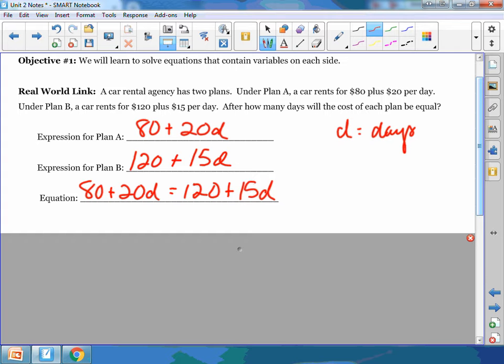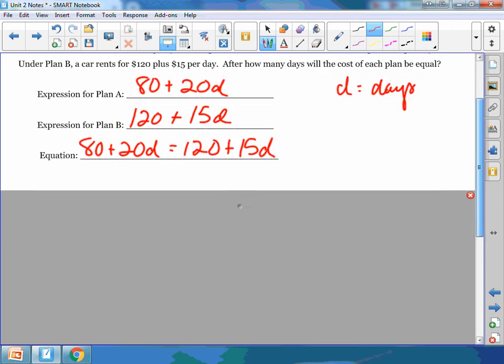We want to know when that plan is equal to Plan B. So literally speaking, we're just going to put them equal to each other. And then we have a situation where we have a variable on both sides, which until yesterday we really hadn't seen before. I think I gave you one last week just to try. So you guys yesterday were modeling these with the tiles and moving things around and subtracting and adding and different things. Well, how would you approach this more from an algebraic standpoint?